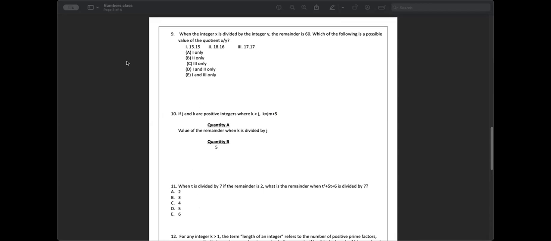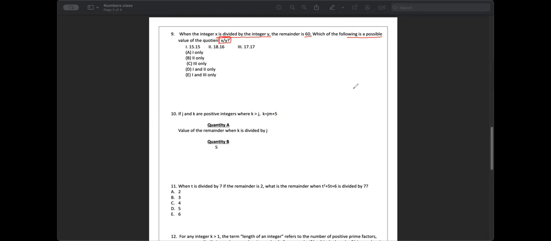Ninth. When the integer x is divided by integer y, the remainder is 60. Which of the following is a possible value of the quotient x upon y? Remainder is 60.